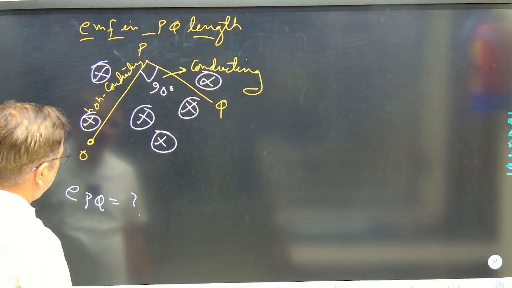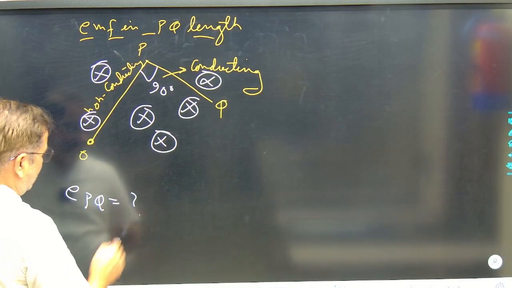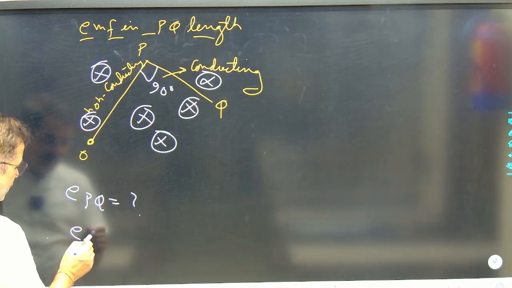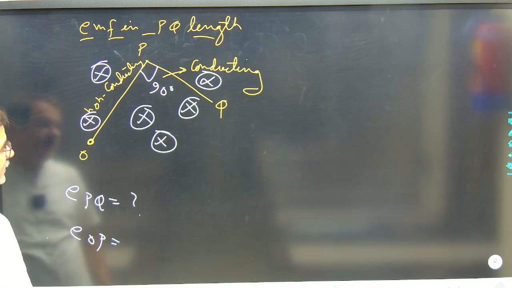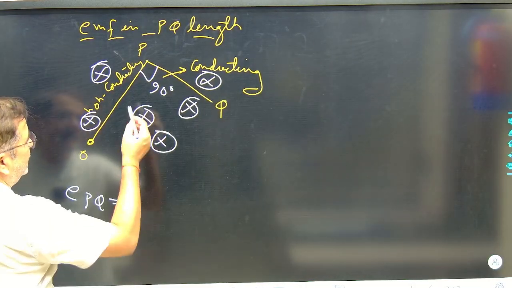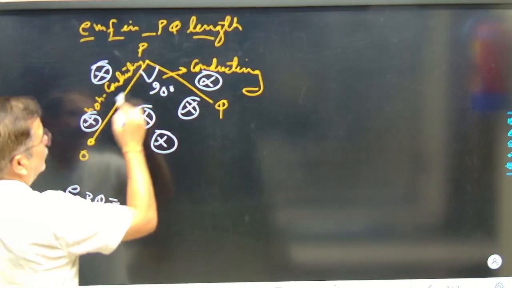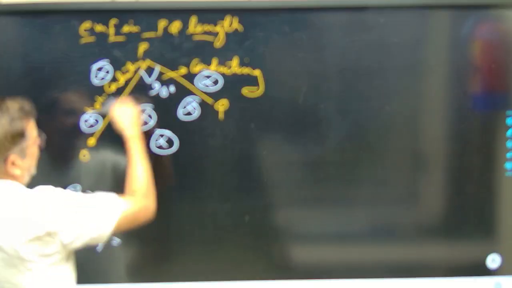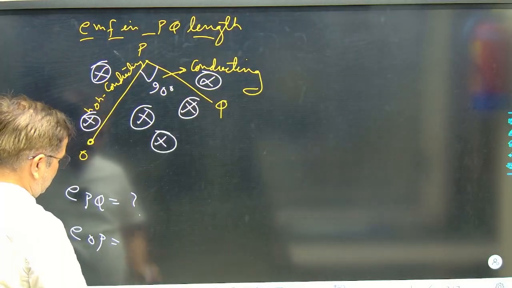What can I do? I can take the EMF for the whole length OP, as if the whole part was conducting, and from that I can subtract the EOQ part.